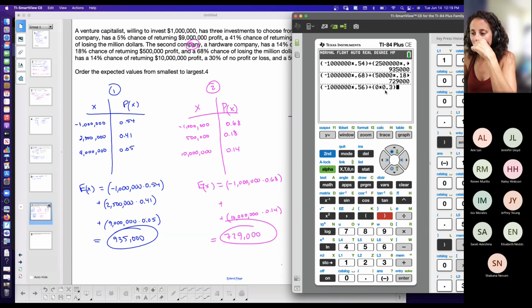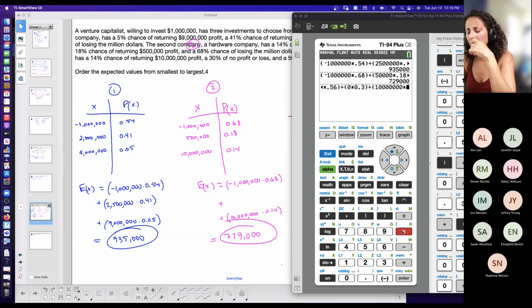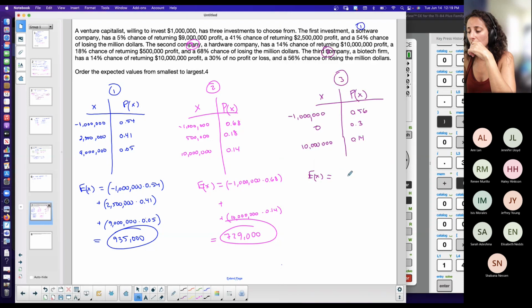But obviously that part's not going to affect anything. Plus, and then the 10 million, 14% chance. And this one has 840,000. I expected it to be a little better than this one. I wasn't sure if it was better than that one.